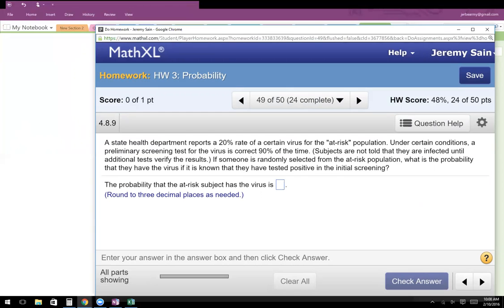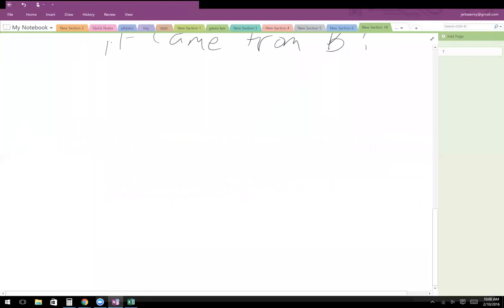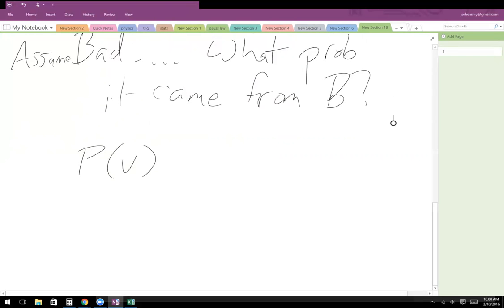So we know the probability of having the virus if you're at risk is 20%.